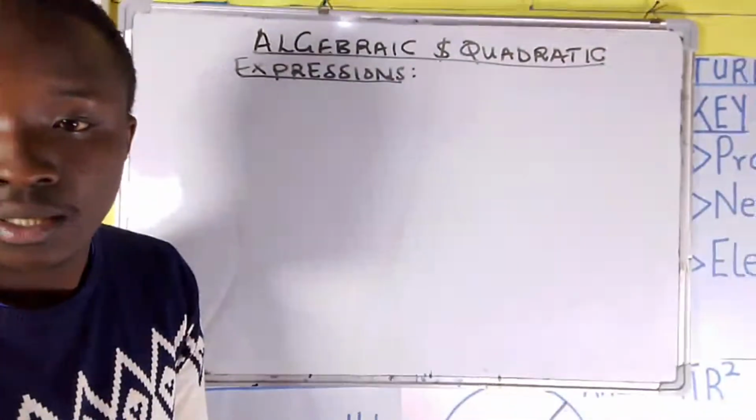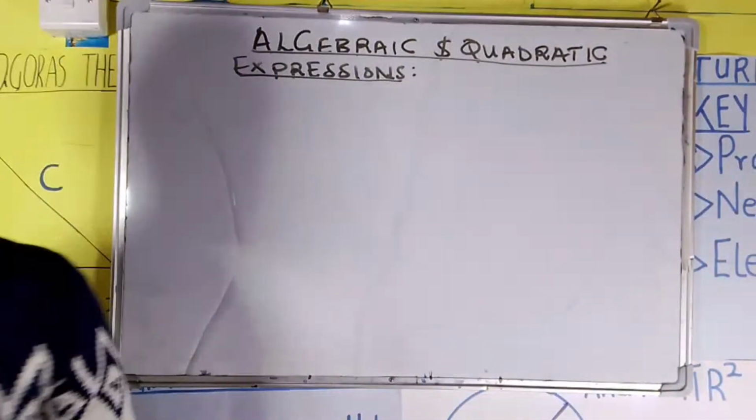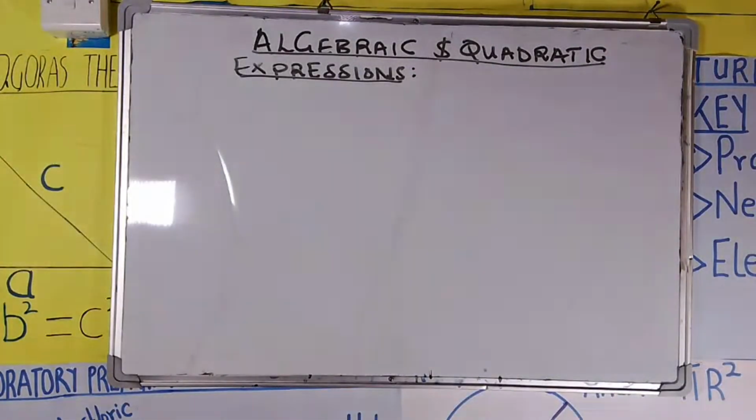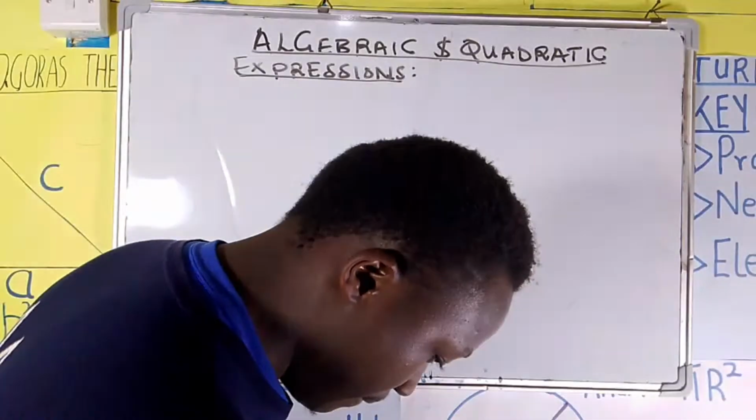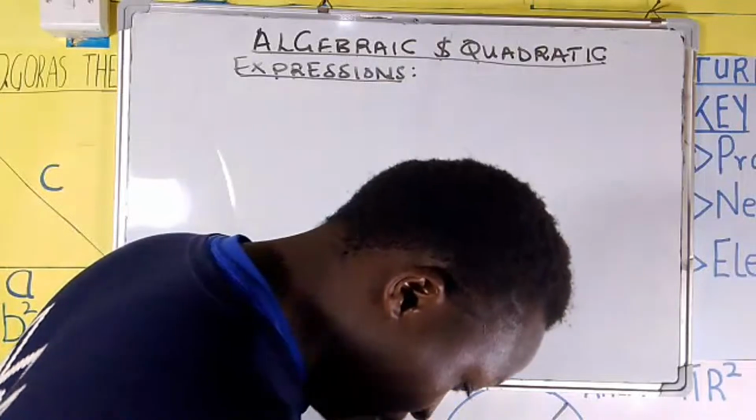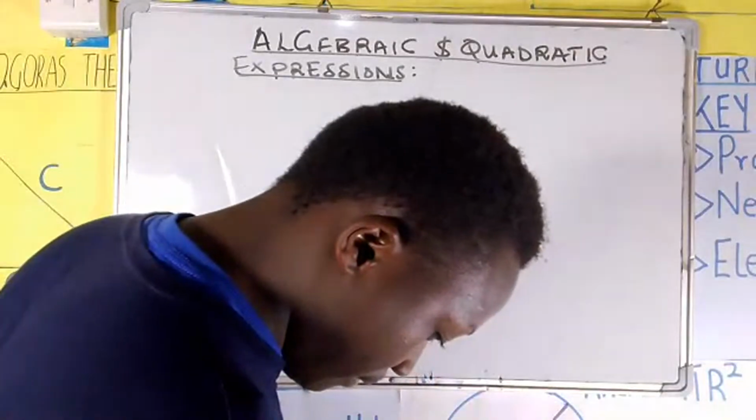So, talking of quadratic simplifications, what we are simply talking about is that we are going to be having some examples on what we call algebraic expressions, both linear and quadratic.